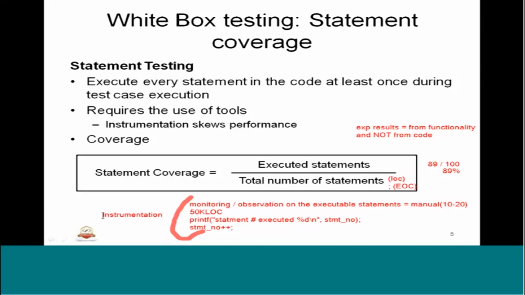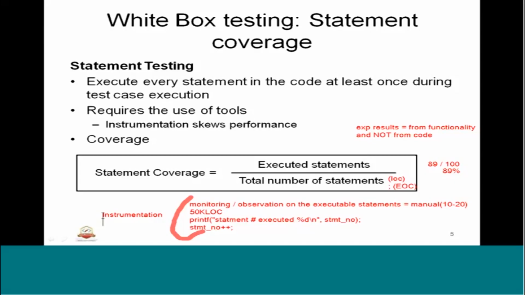What we do is provide a monitoring way of observing how many statements have been executed or what statements are missed. That report will be produced with the help of instrumentation, where the existing lines of code, the program, will be instrumented in such a way that the tested part will be reported.